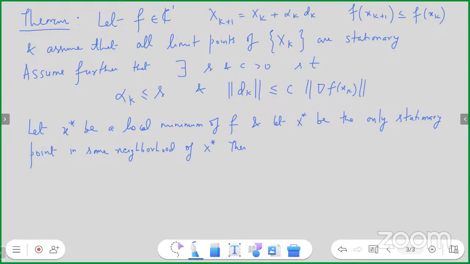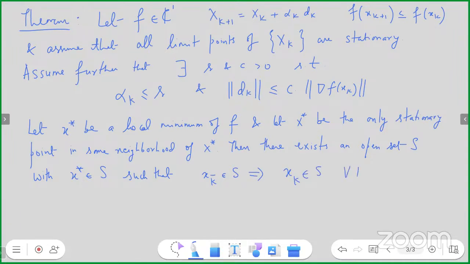Then there exists an open set S, with the optimal point belonging to S, such that if some x bar belongs to S, then all further iterates belong to S for all k greater than or equal to k bar.